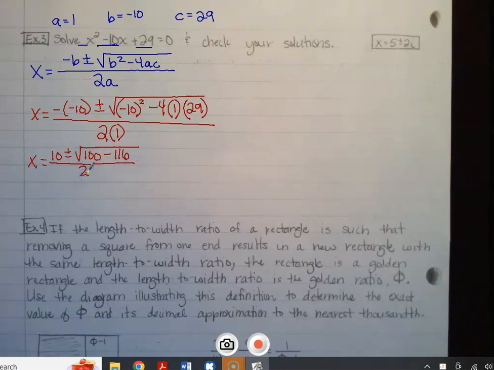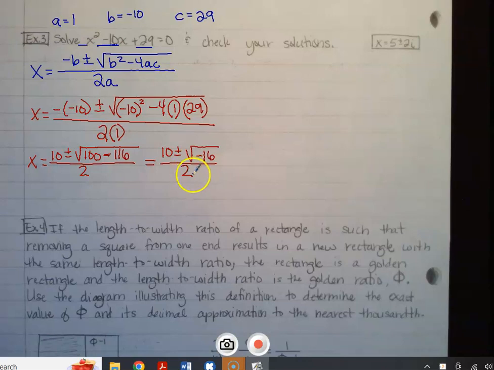I'm running out of room, so I'm going to go sideways with this. So that equals 10 plus or minus the square root of 100 minus 116, which gives me a negative 16, all divided by 2. Let me bring that down to the next part.